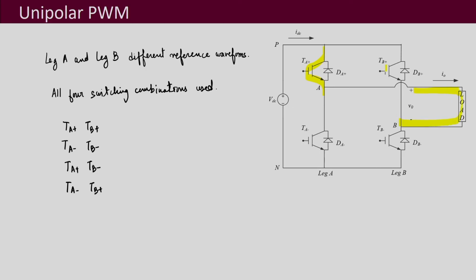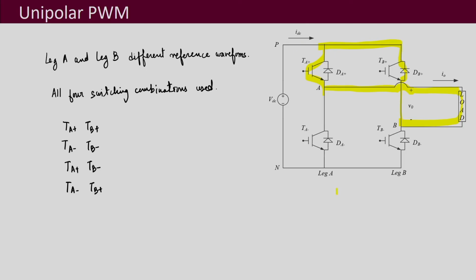The upper switch is on, so it is going to flow through the diode and come here and flow like this. We have discussed before that depending on the direction of the current, whether the IGBT is conducting or the diode is conducting depends on that. And the DC current IDC over here also depends on the switching combination and not on the direction of the load current.